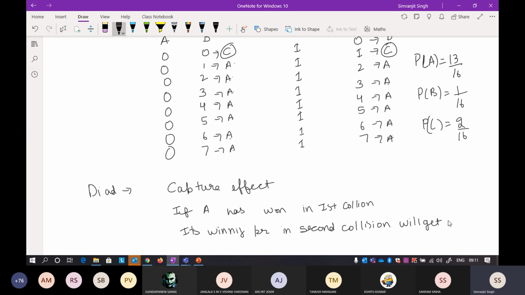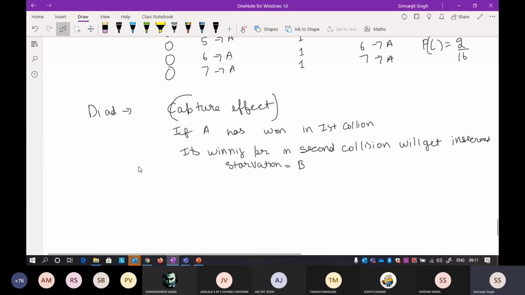That is referred to as the capture effect. This effect can lead to starvation of B, that B will never get a chance to transmit its packet.